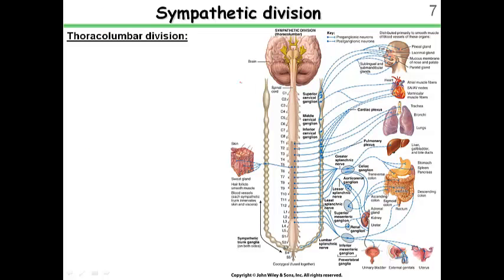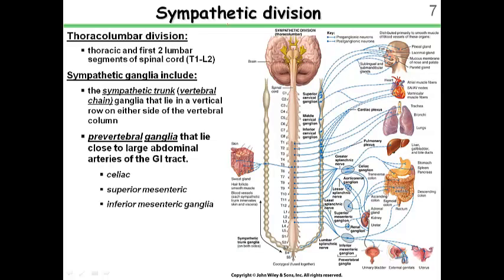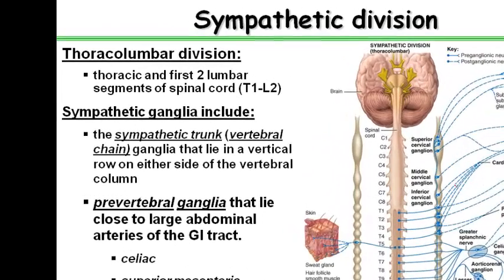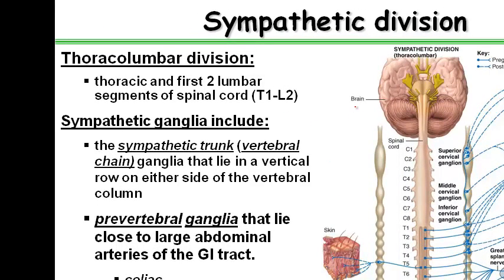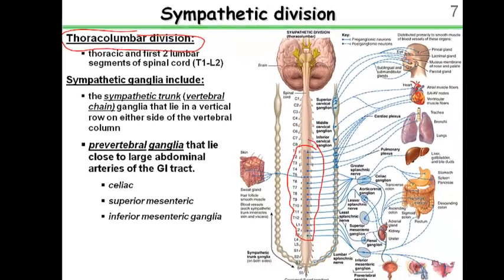Okay, so taking a little closer look, I'm going to go really quick through this. This is just the sympathetic, so this was that left side on the previous slide. This just summarizes some of the things specific to the sympathetic division. It's commonly called the thoracolumbar because of where the neurons come out of the CNS.